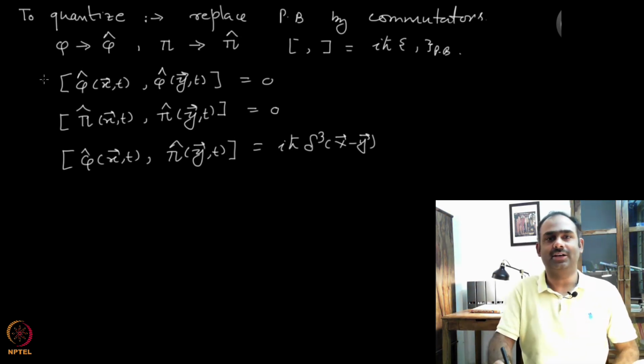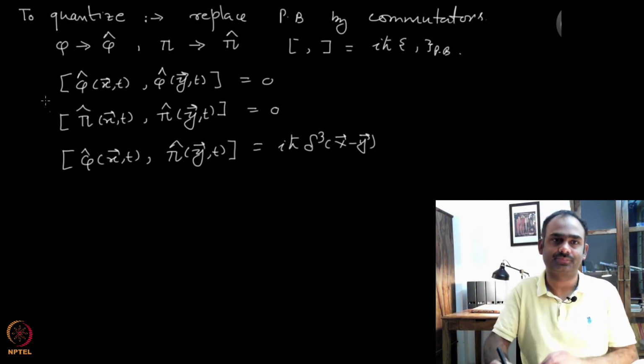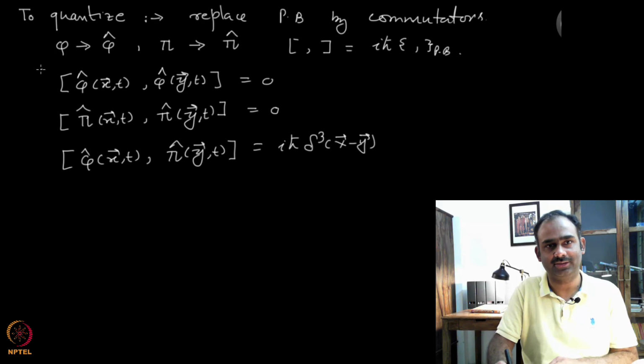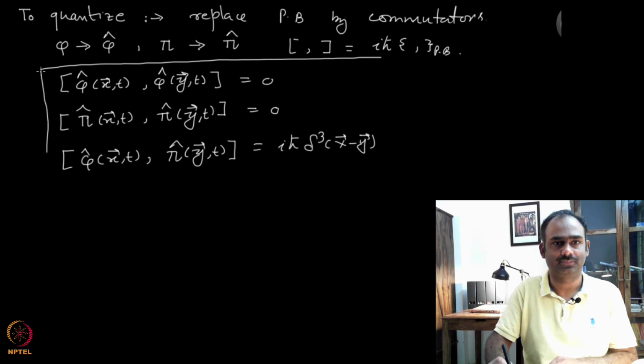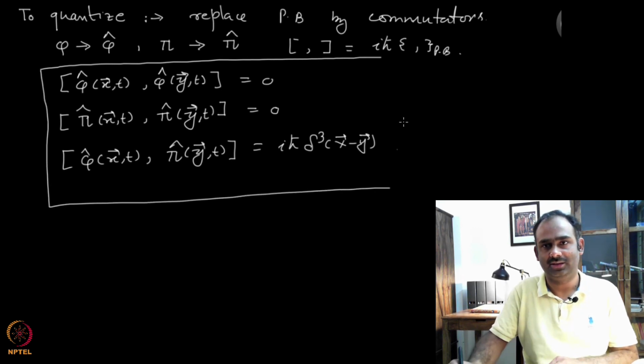Okay, so these are our commutation relations. Let's put them in a box. And because the time is the same in both, these are called equal time commutation relations.